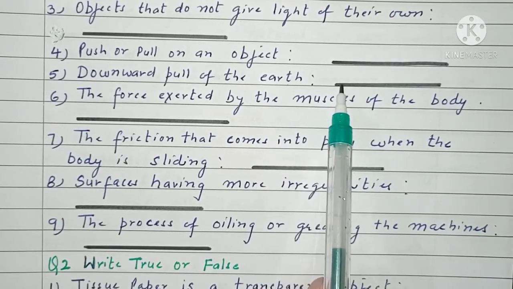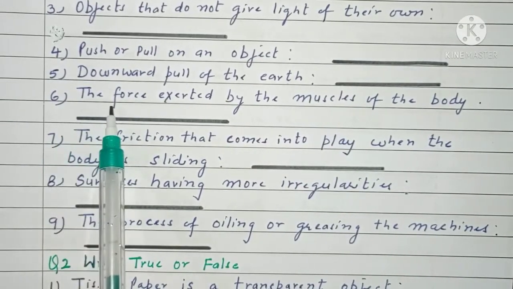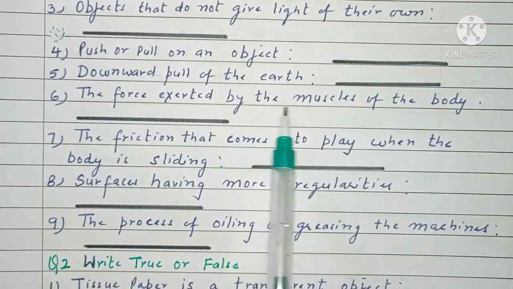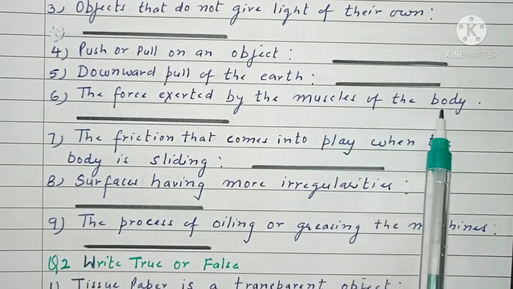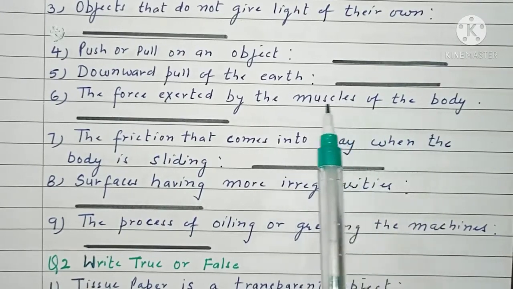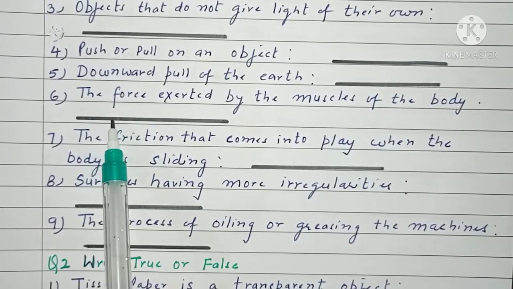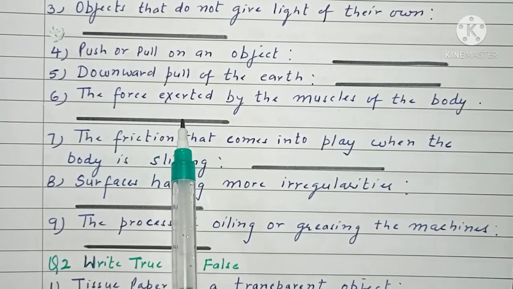It is gravity. The sixth part, the force exerted by the muscles of the body. That is the force which is because of the muscles of our body. That force is the muscular force or our muscular energy.